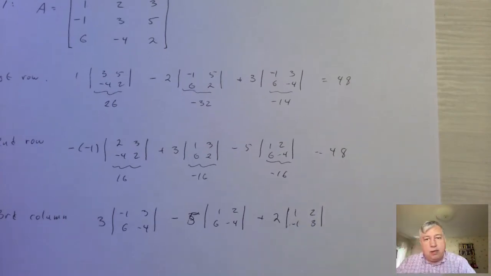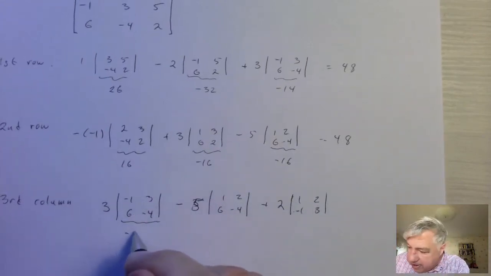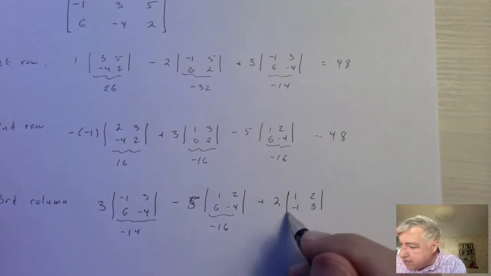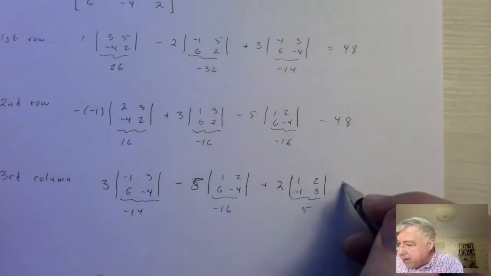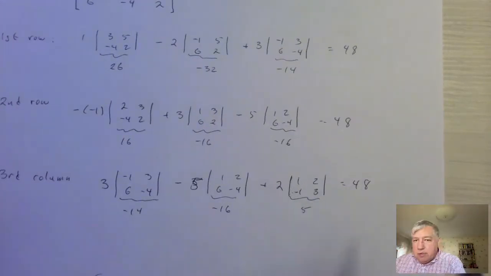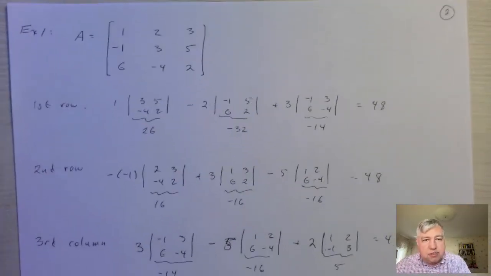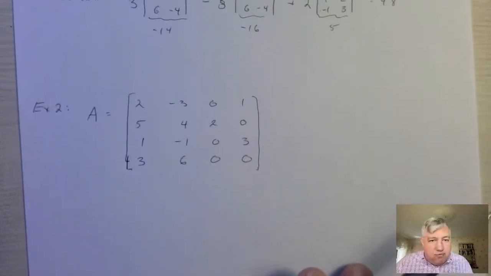Okay, and if we compute this is going to be negative 14, this is negative 16, and this is 5. Okay, if my arithmetic is right, this is 48. Okay, so if you want to check, you can pick some other rows or columns and expand it, but you should get the same answer. Okay. Just to do a 4 by 4 matrix.